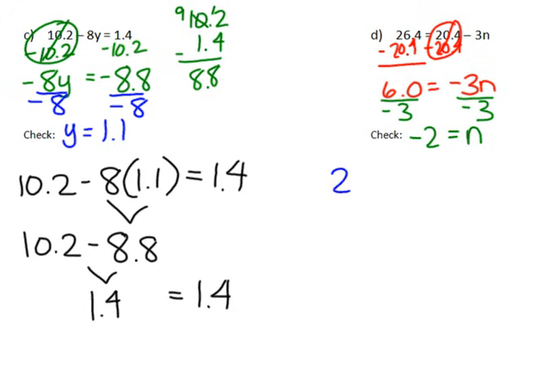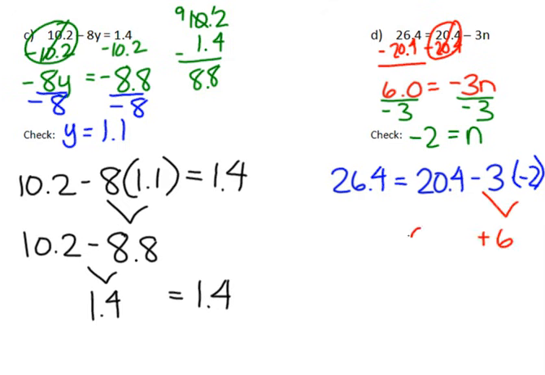Okay, we'll plug that in. 26.4 hopefully equals 20.4 minus 3 times negative 2. So this part right here, negative 3 times negative 2 is positive 6. 20.4 plus 6 is 26.4, and that's exactly what I wanted it to be.